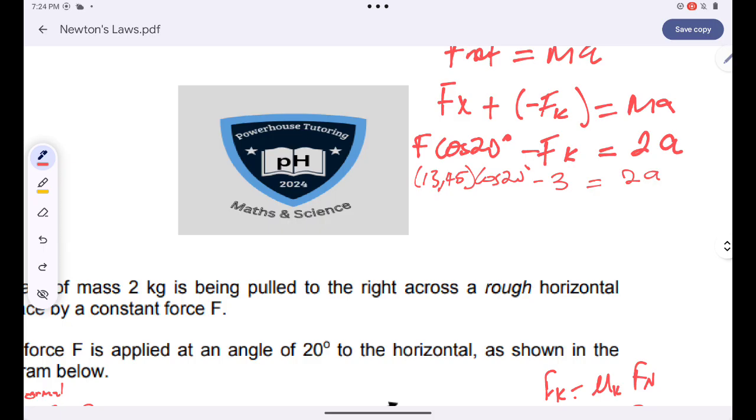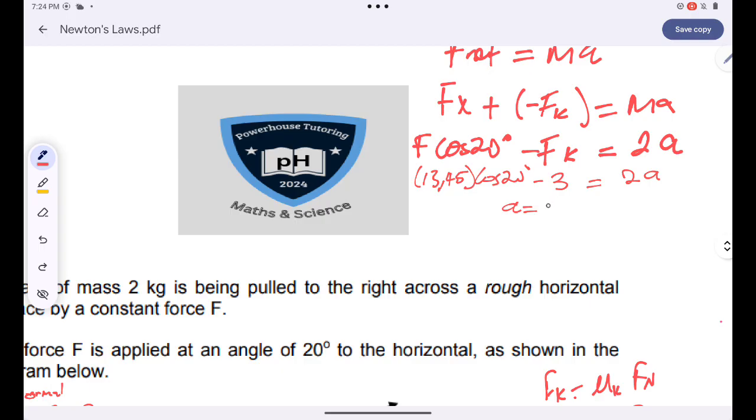If I divide every term by 2, I'll simply have a equal to 13.45 multiplied by the cos of 20 degrees minus 3, all over 2.